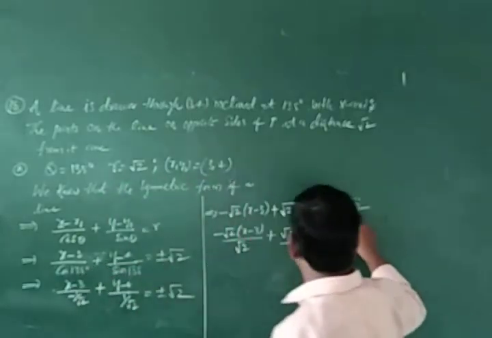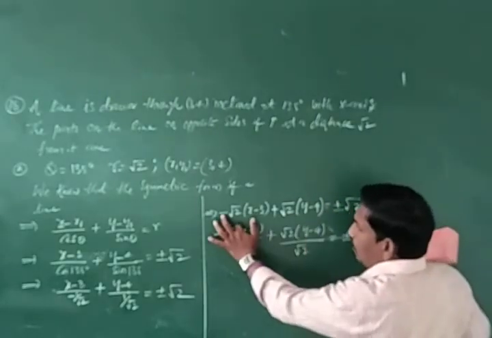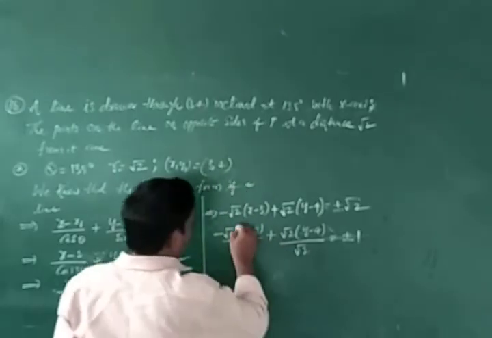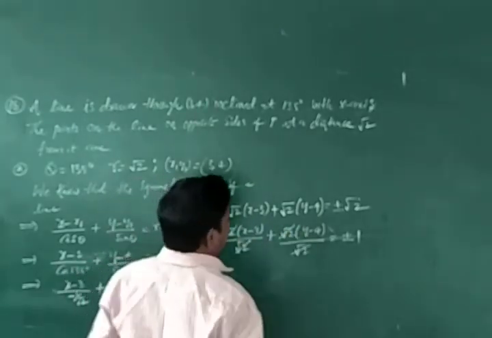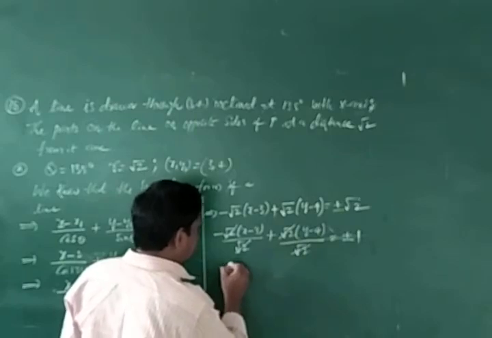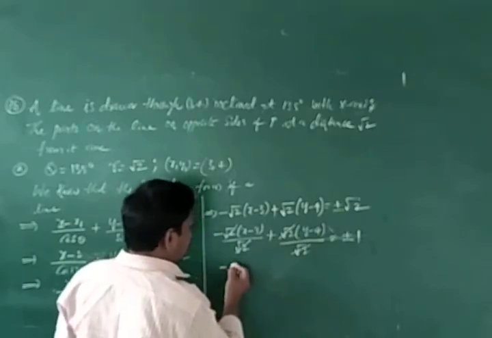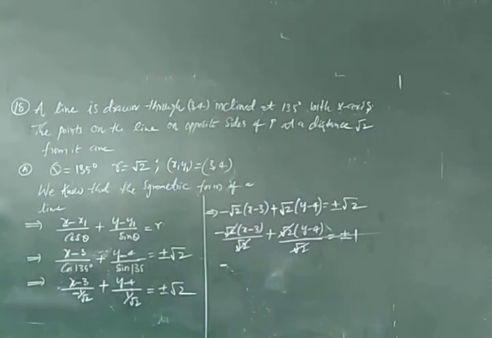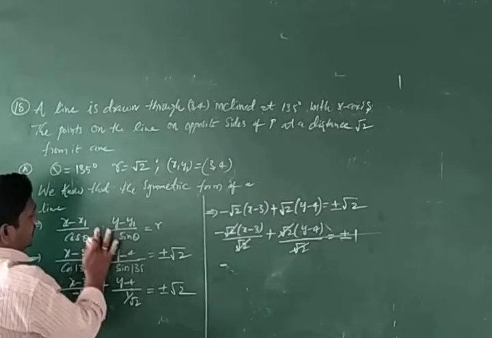By the transposition, this root 2 cancels, these are also cancelled. Okay, sorry, here write plus.